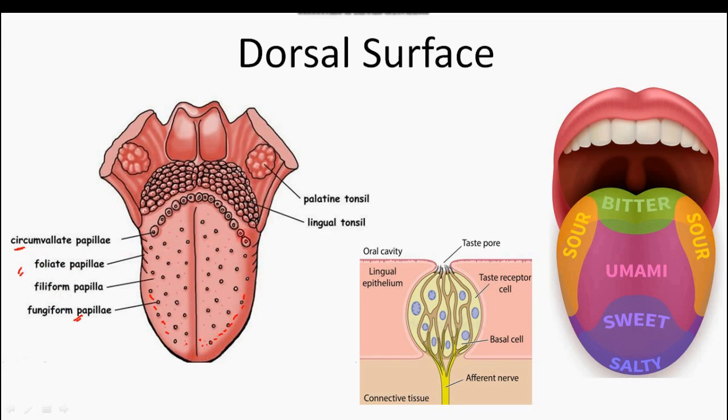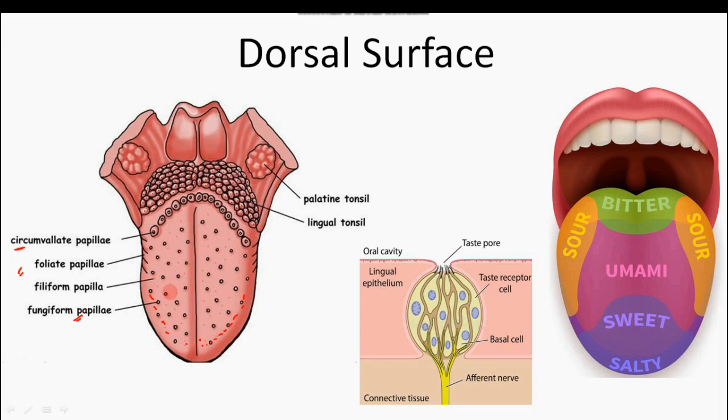Clear? These vertical lines are present anterior to the sulcus terminalis, on the margin of the tongue, and they also have taste buds.